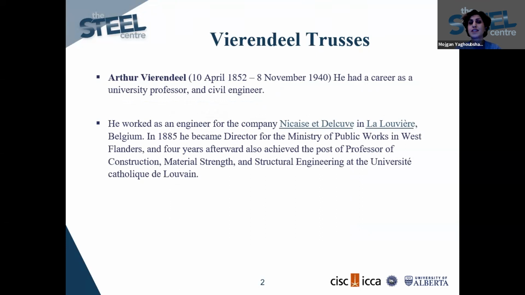He started his career as a civil engineer in a consulting engineering company, and after that he became director for the Ministry of Public Works in West Flanders in Belgium. Then he got a position as a university professor.